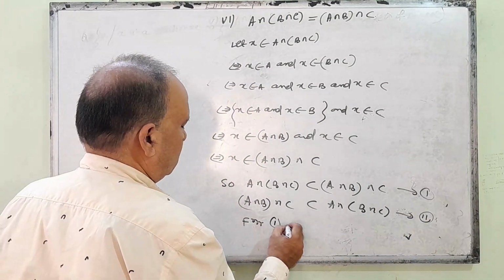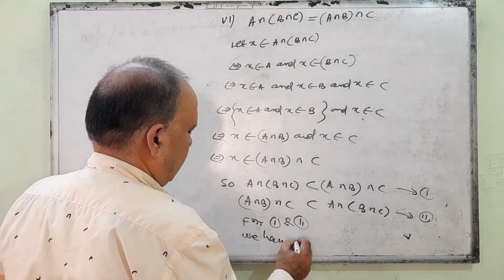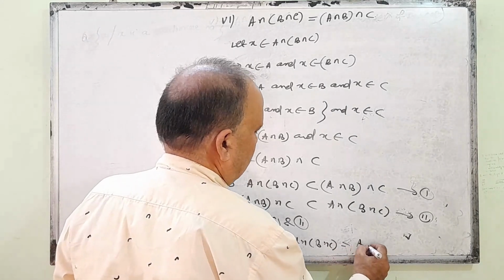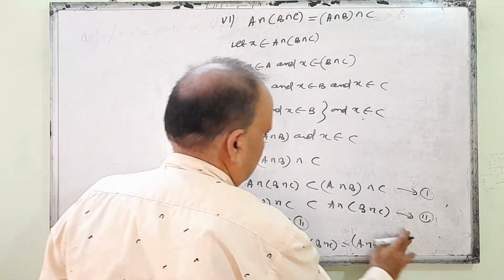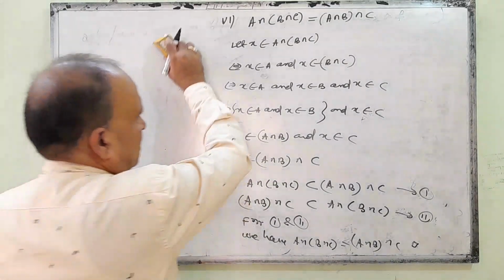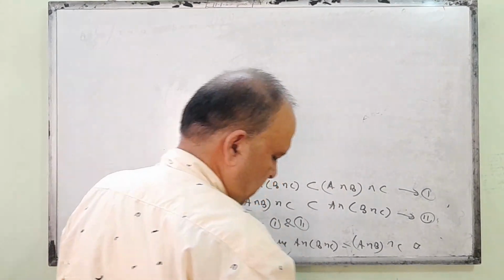From 1 and 2 we have A intersection B intersection C is equal to A intersection B intersection C. This proof is over. Sixth property proved.